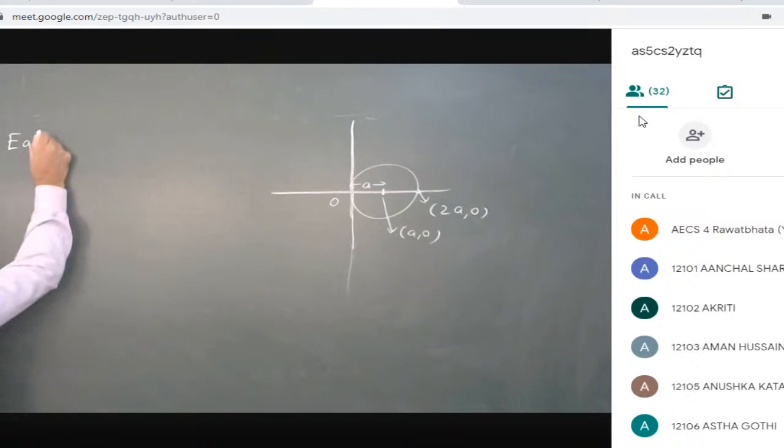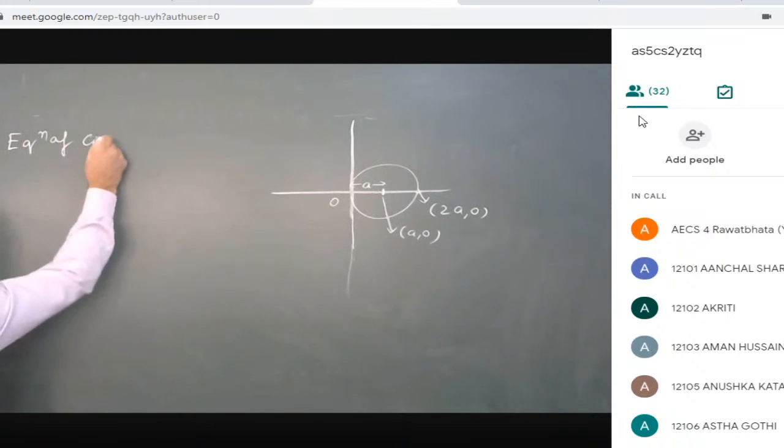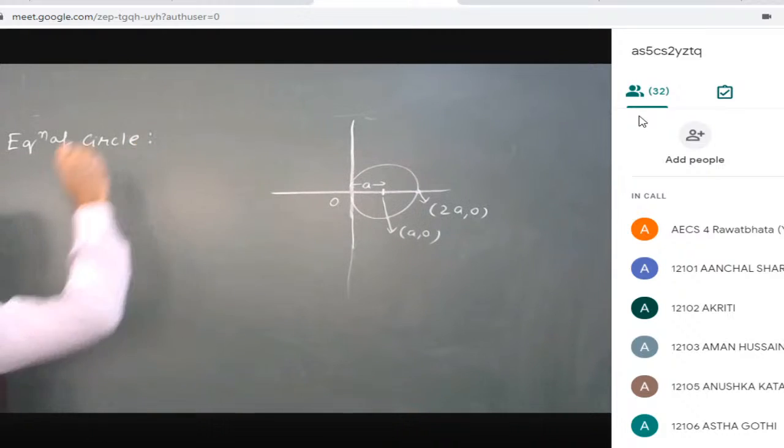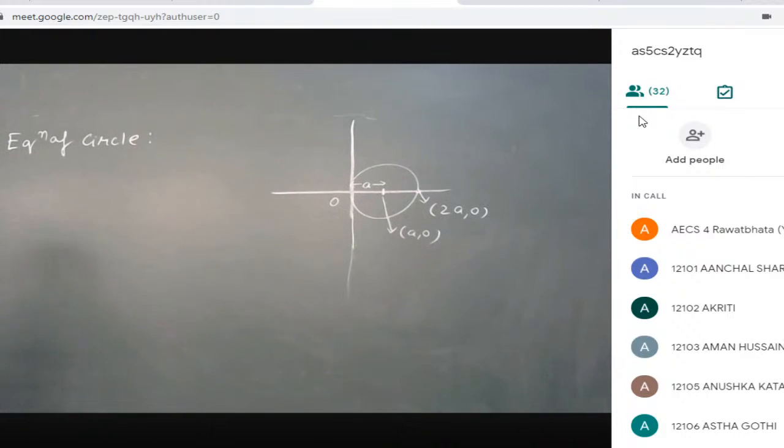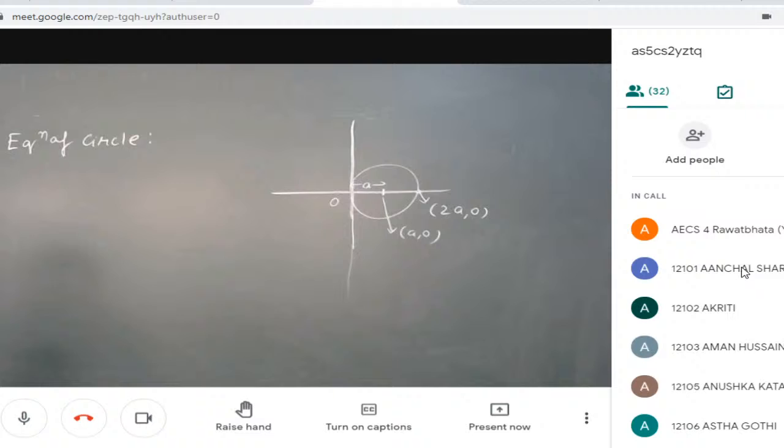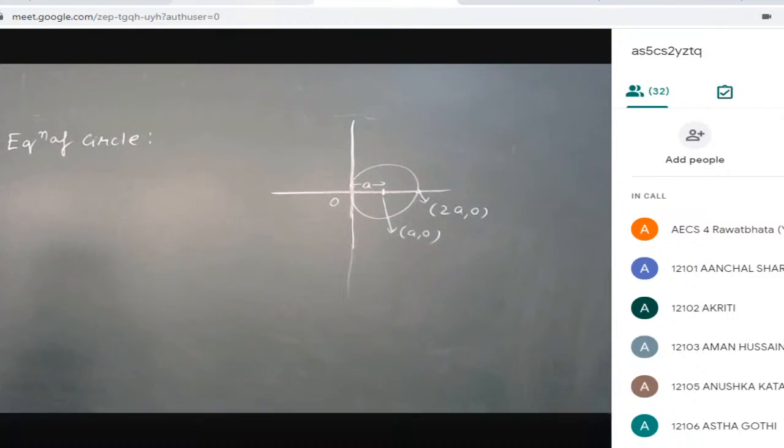Equation of circle. Someone please tell me the equation of the circle here. I hope you remember the equation: x minus h whole square plus y minus k whole square equal to r square. What will be the equation of the circle here, students? There is no meaning of sitting dull. Be active, switch on your mic and speak up. Anyone from B section?